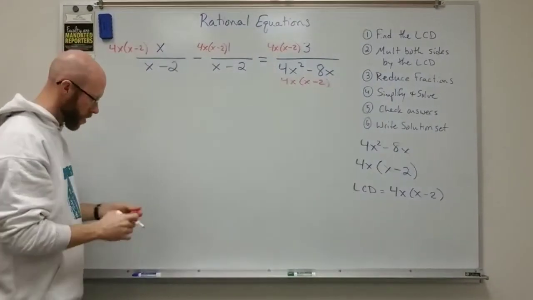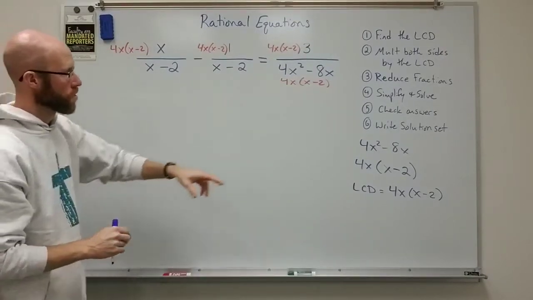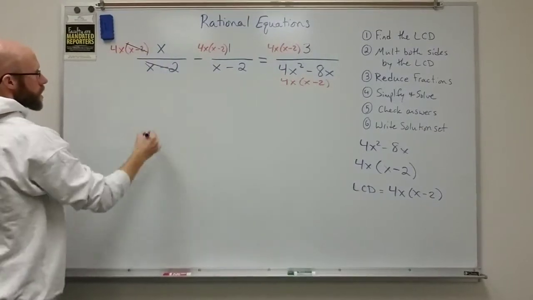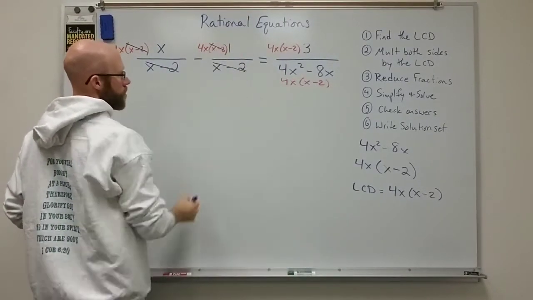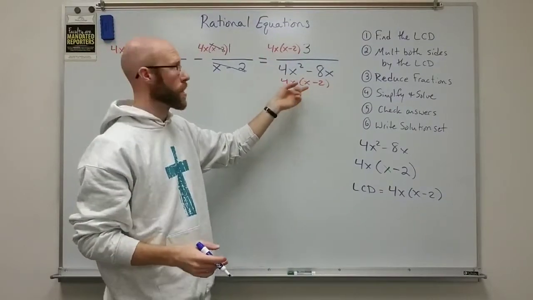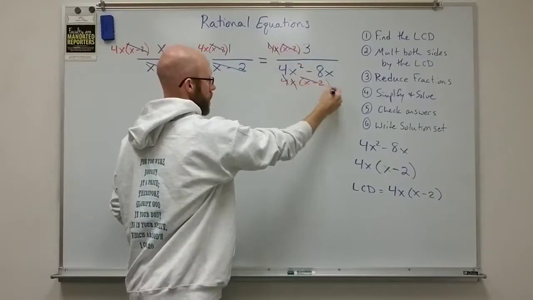So now I'm going to go ahead and cancel or reduce my fractions. The x minus 2's will cancel here and here. And over on this side, everything cancels off in the denominator. So the 4's cancel, the x's cancel, and the x minus 2's cancel.